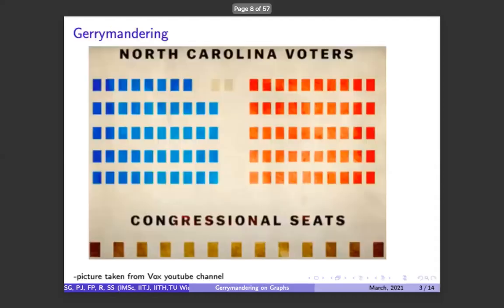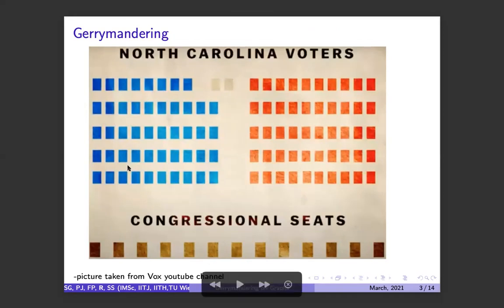As I will show you in the next example, this is an example of the US North Carolina state election. As the initial poll suggested, voters are divided almost 50% between Republicans and Democrats. I will just call them blue and red voters. There is almost 50% blue voters, and there are 13 seats here.